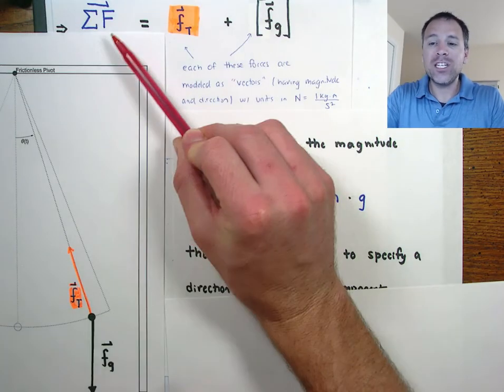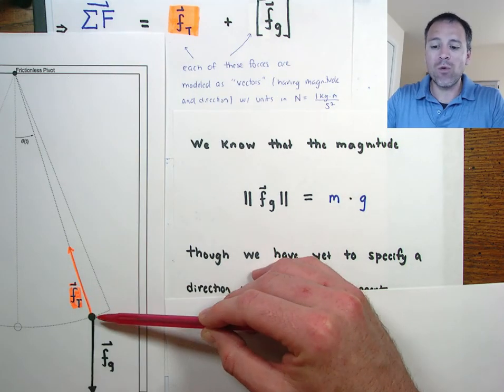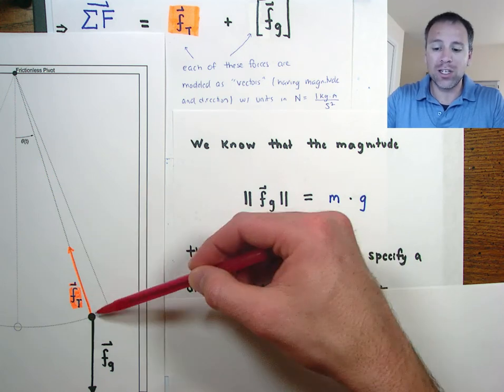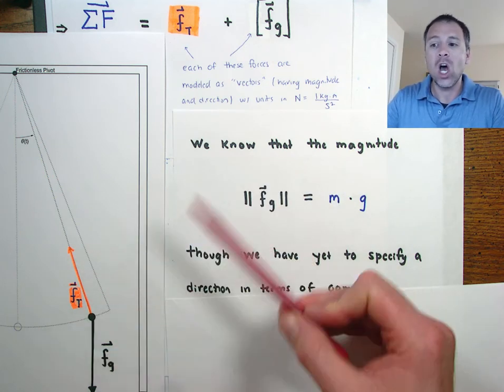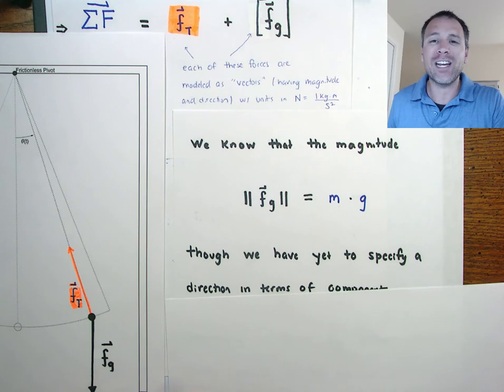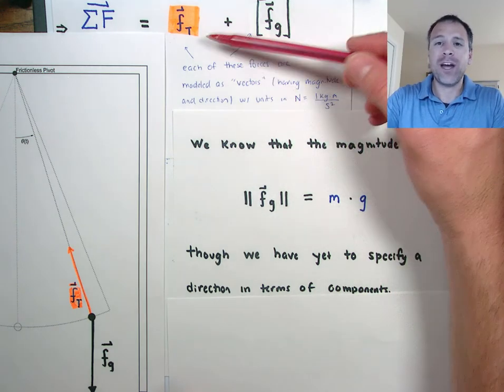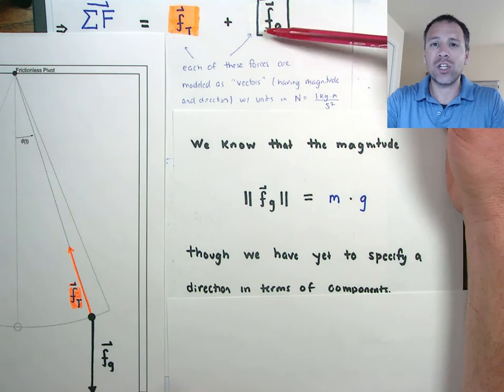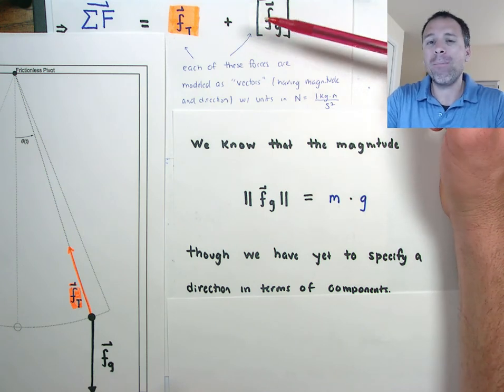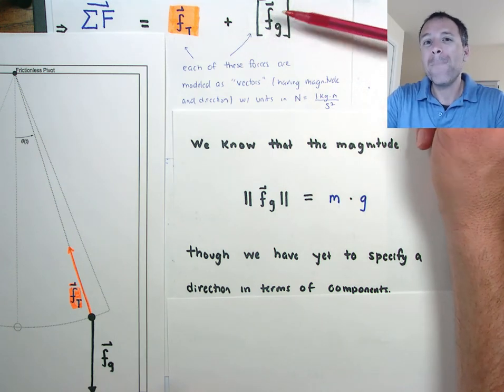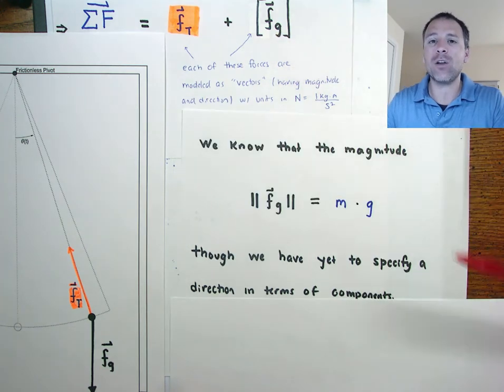All right, when we're focusing on the net force acting on the bob, we see that there are only 2 forces. There's the tension force and the gravity force. We're modeling each of those as a vector in R3, and each vector has magnitude and direction. We're going to avoid thinking about component form definitions, but we actually can say something intelligent about magnitude.